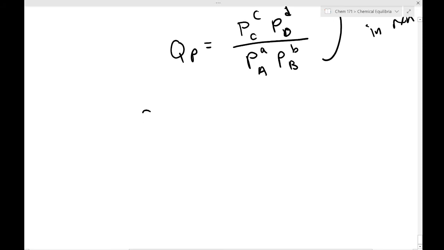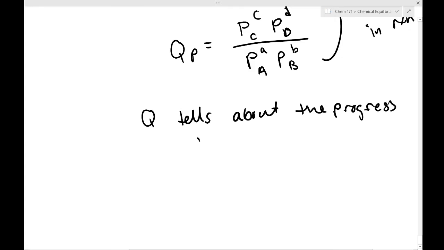Q, it turns out, the reaction quotient, tells you about the progress of the reaction.